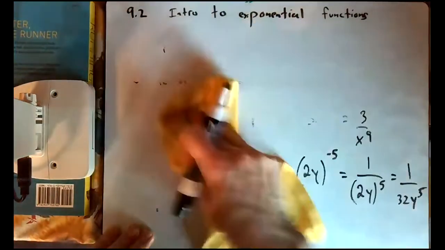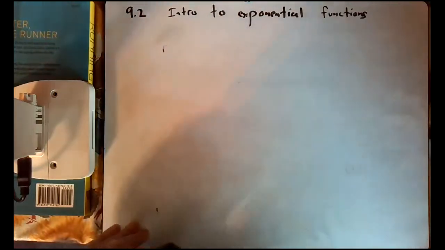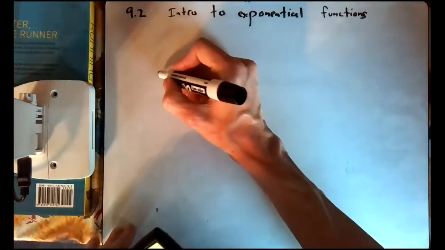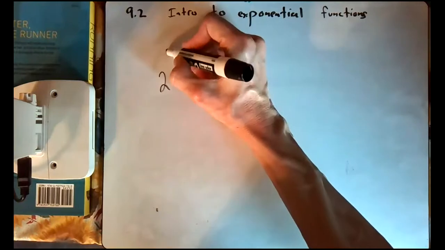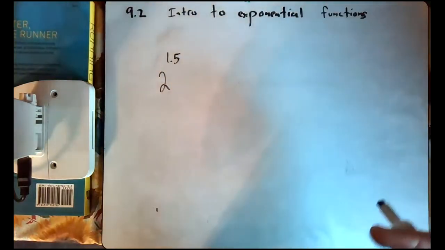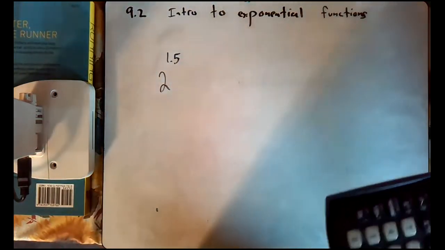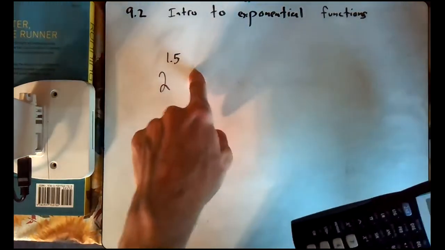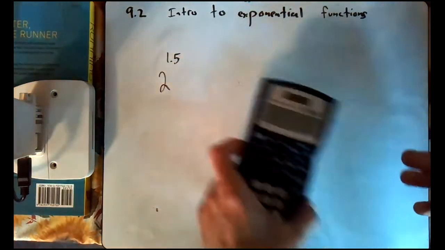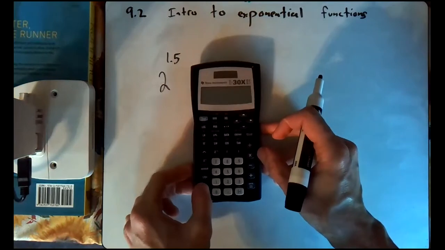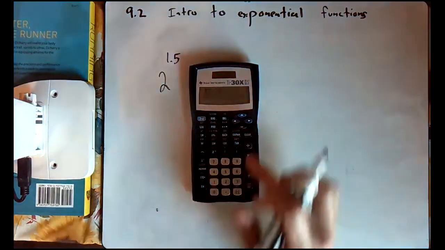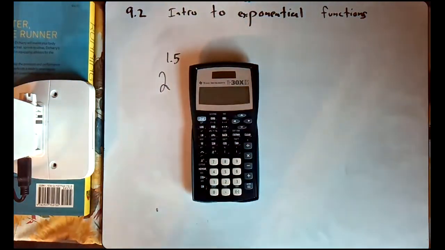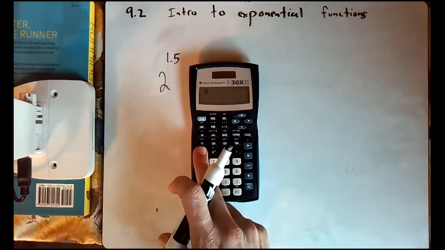You can evaluate these in a calculator, but it will give you a decimal, so be careful with that. Let's say I wanted 2 to the 1.5 power. That's really hard to do by hand, because we can't exactly write out 2 times itself 1.5 times. To type it into the calculator, which is really important because we will need it for that word problem, you can use the caret key right here.